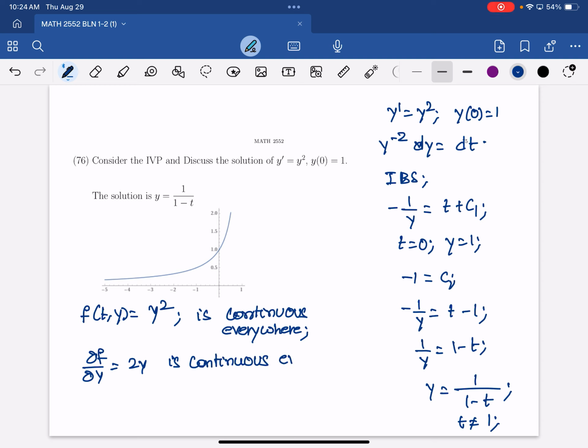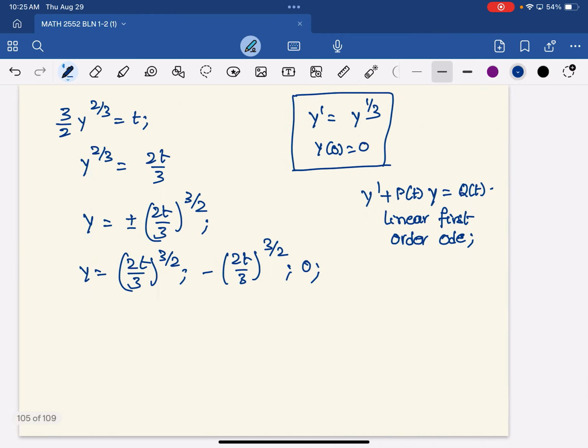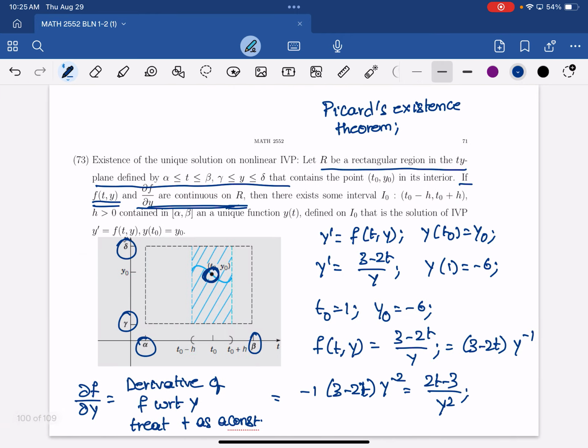Right? So what does our theorem tell us? Our theorem tells us that there exists a smaller rectangle around the initial value where you have a unique solution. Do you remember that? Do you remember the picture? There exists a smaller rectangle, the dashed lines one, around the initial value where you have a unique solution.